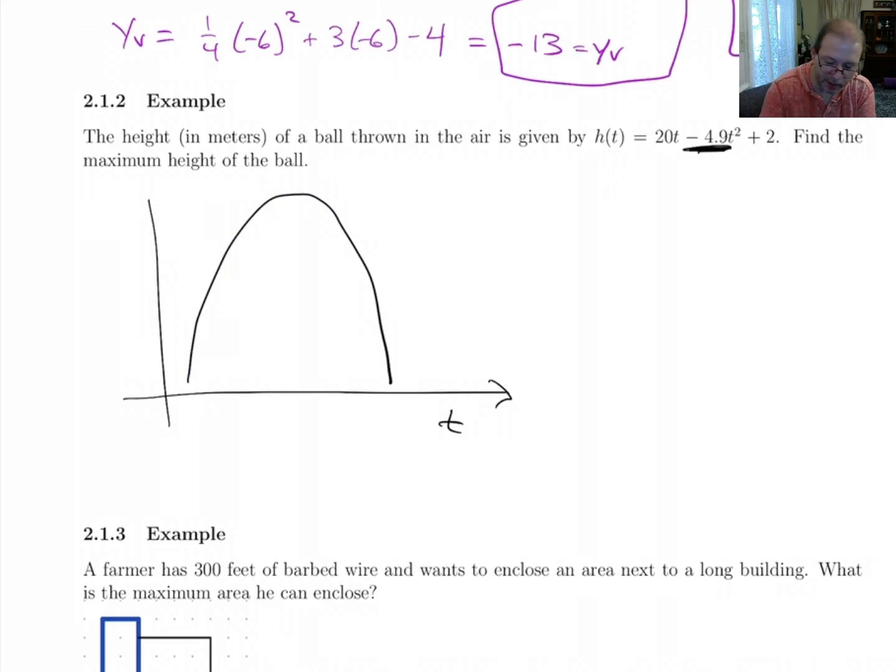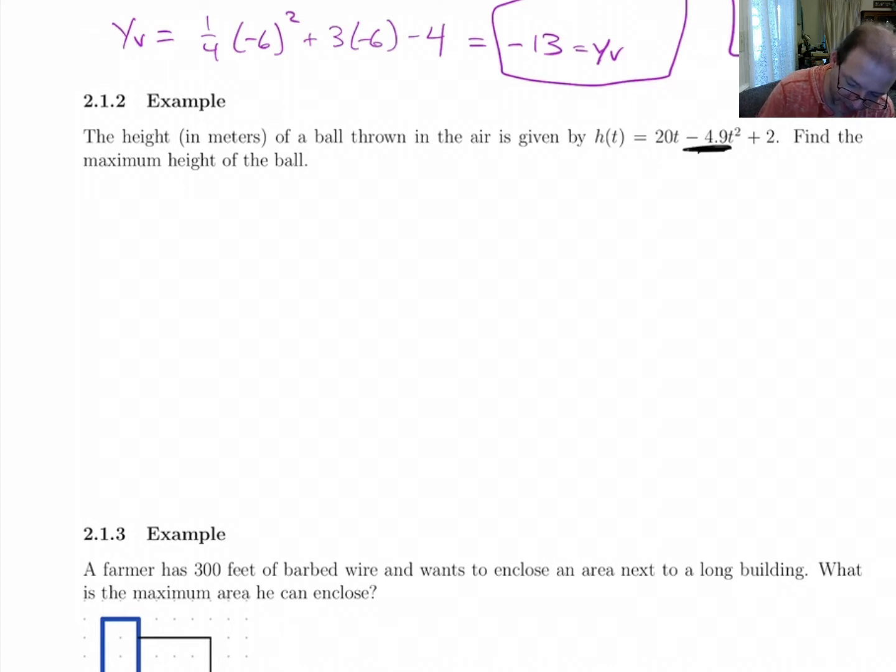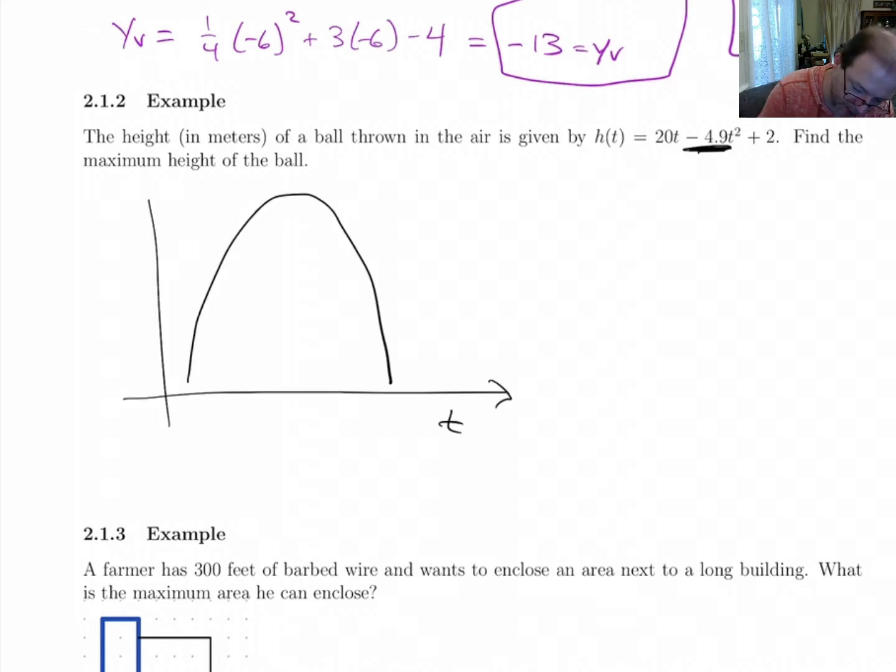Now, the ball might be flying in an arc, or the ball might be thrown straight up and back down. But however it's done, this right here, remember, tells you the height. So let's work this out. Actually, before I delete that, the maximum height is going to be the y-coordinate of this vertex up here.